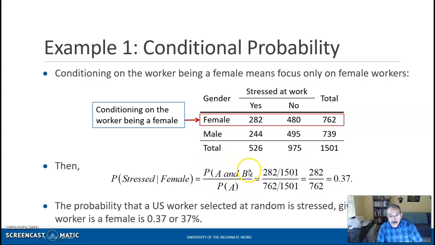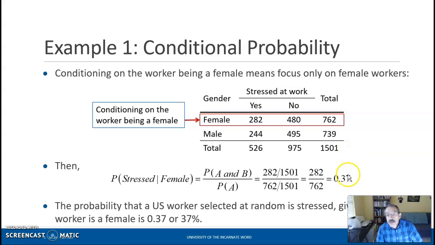So if you proceed this way, calculating probabilities, or you simply ignore everything else and take the event of interest and divide it by the marginal probability, because we're conditioning on that row of the contingency table, then you can just simply divide 282 by 762.